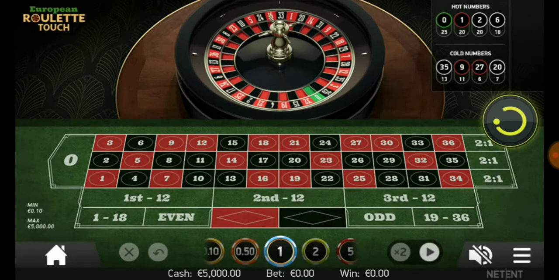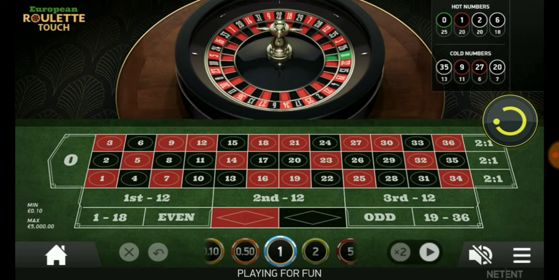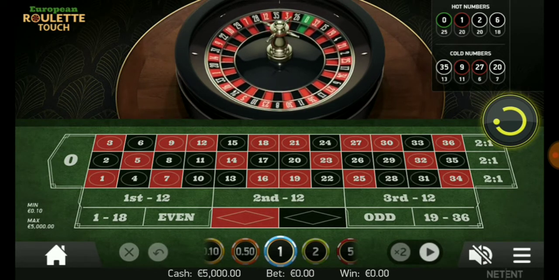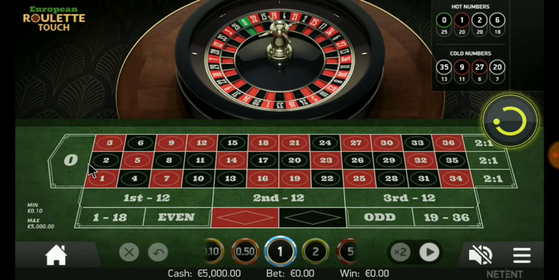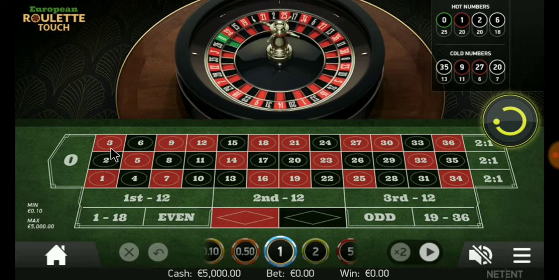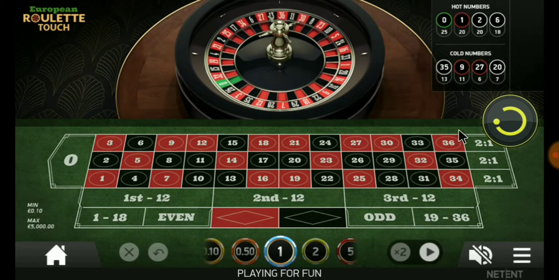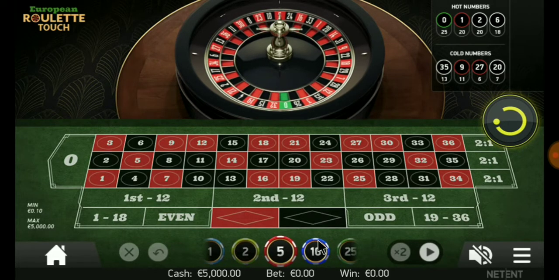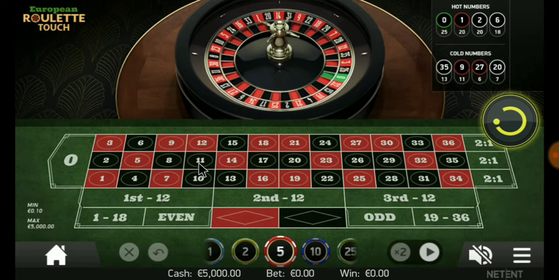Now I've been practicing a lot on roulette on online gambling websites. All these numbers that you see over here go from 1, 2, 3, 4, 5, 6, all the way till 36. So you place, let's say, a 5 euro chip anywhere over here.